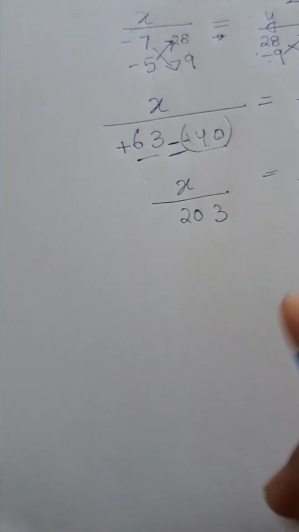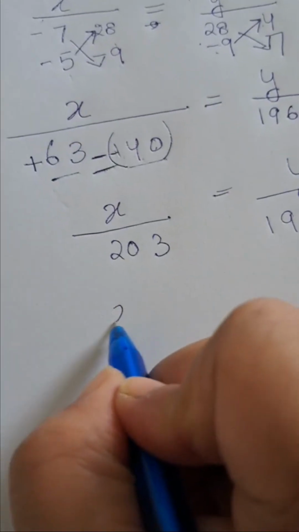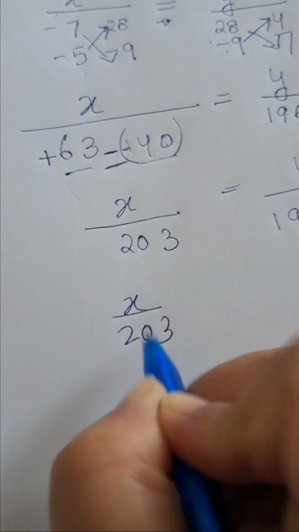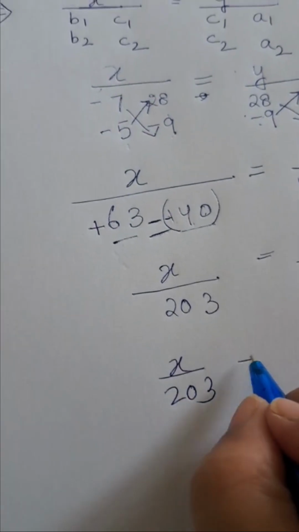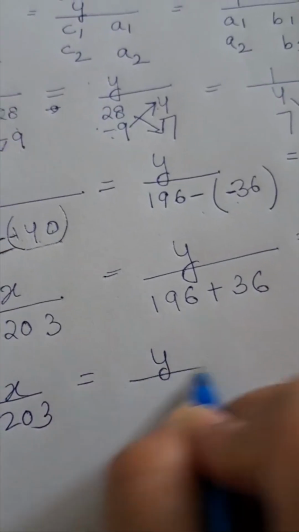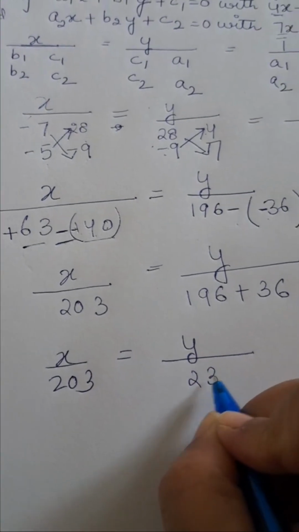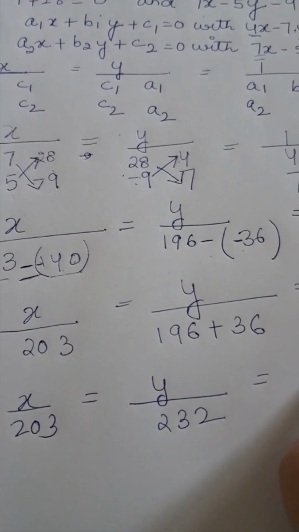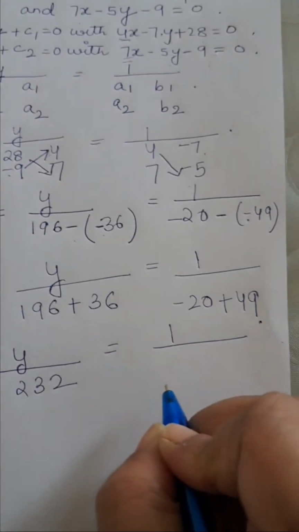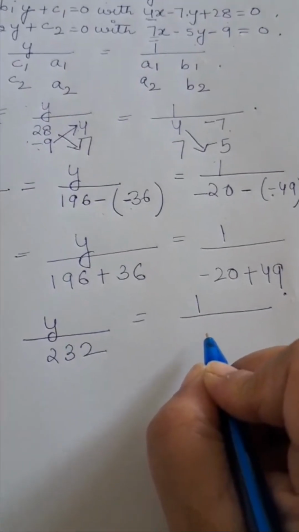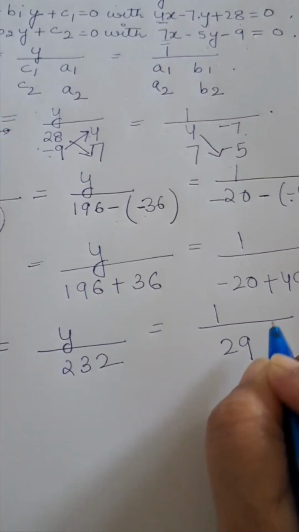Now we'll solve it. This will become x by 203 and y by 196 plus 36, that is 232, and 1 by minus 20 plus 49, that is 29.